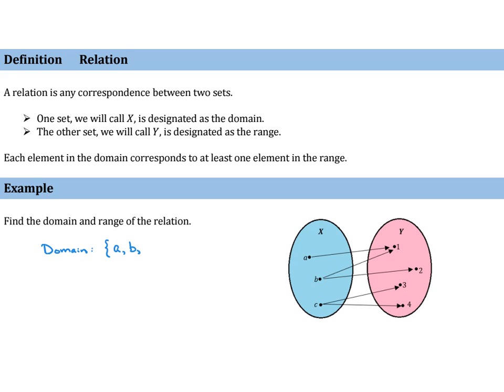So A, B, and C are the domain. And then the range are the values to which these are assigned. So 1, 2, 3, and 4. You can almost think of the domain as the input and the range as the output. So the range is 1, 2, 3, and 4.